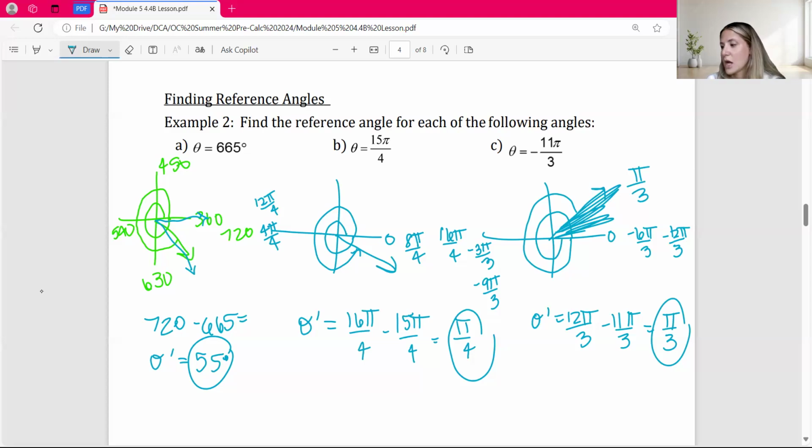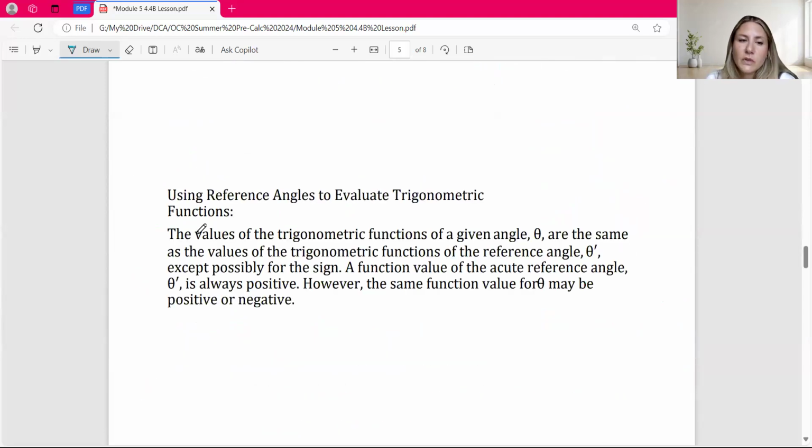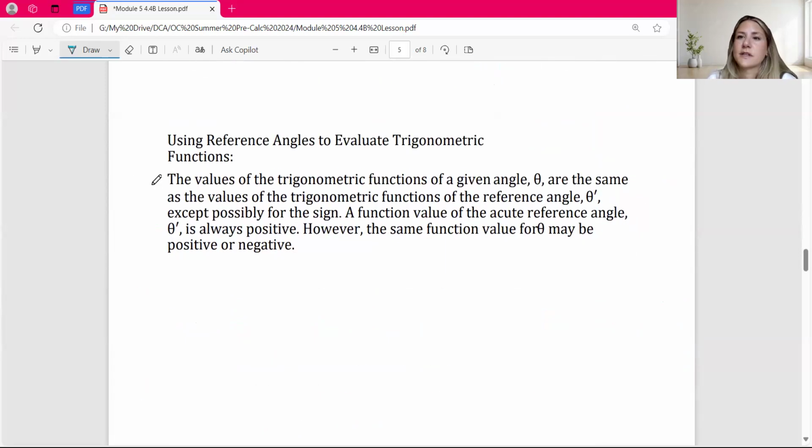So practice finding reference angles. That's what we just did. Why reference angles are so powerful is because they help us evaluate trig functions. I'll give you a moment to jot this down, and I will read it as you're writing it. It says, the values of the trig functions of a given angle theta are the same as the values of the trig functions of the reference angle theta prime, except possibly for the sign.